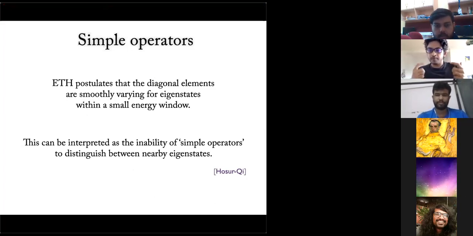If the operator was complicated enough, it would be able to make a very fine distinction between eigenstates of nearby energies. But the operator is simple enough, so it treats eigenstates of close-by energies almost the same as each other, and that's why the diagonal matrix elements are smooth. So it comes from the inability of the operator to distinguish between nearby states.